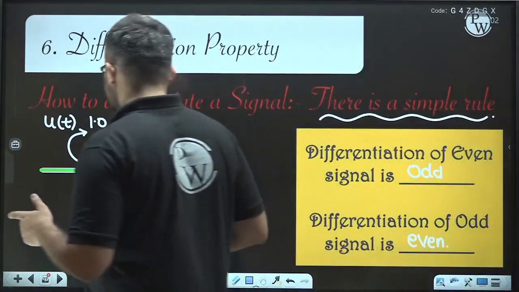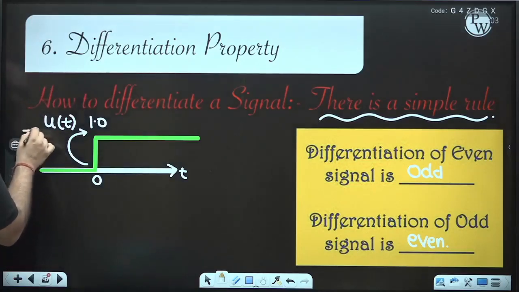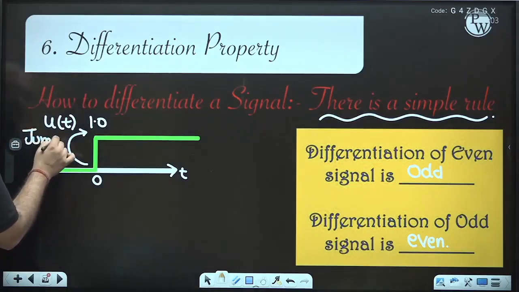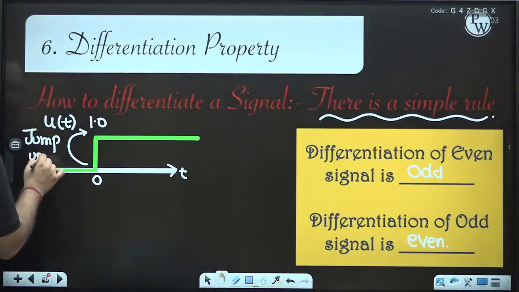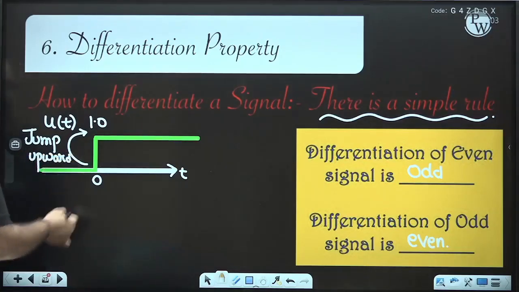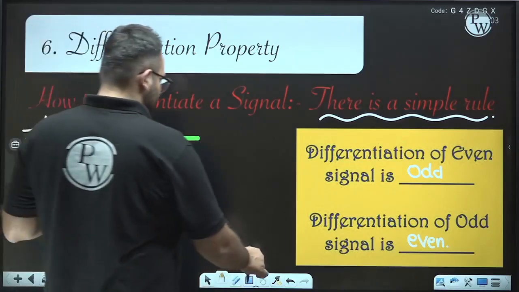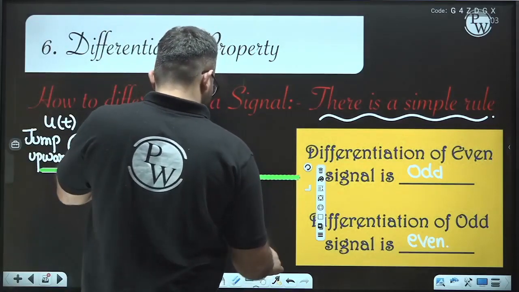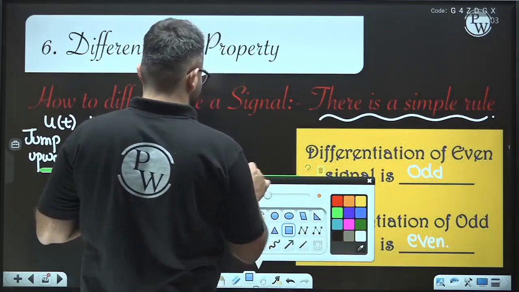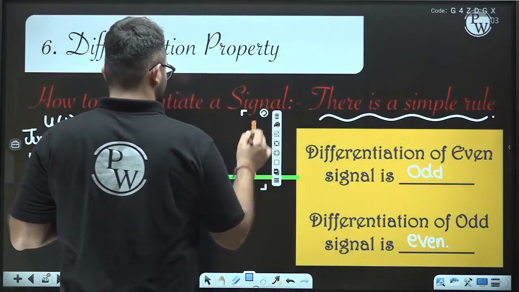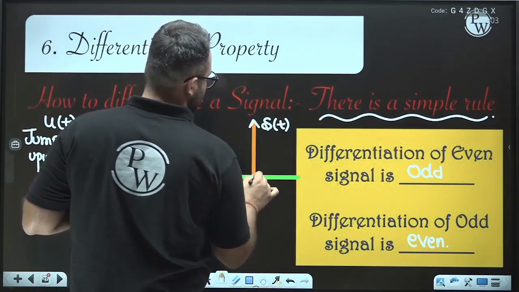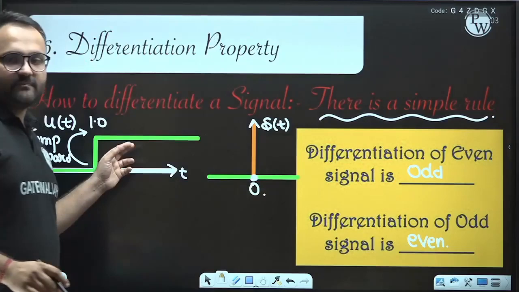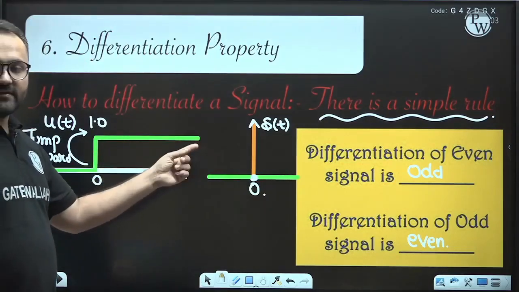Here we can see that we have a jump upwards, so the differentiation will have a delta upwards. So we will get a delta(t) at 0. Wherever we have a jump in a signal, the differentiation will have a delta.